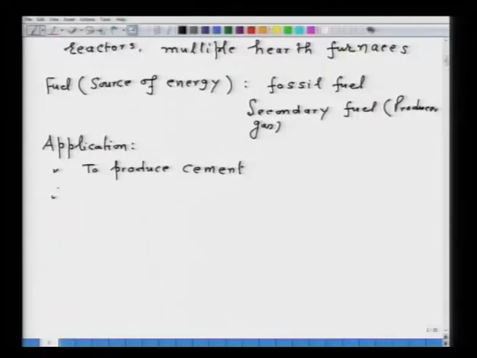Second application, decomposition of hydrated minerals.